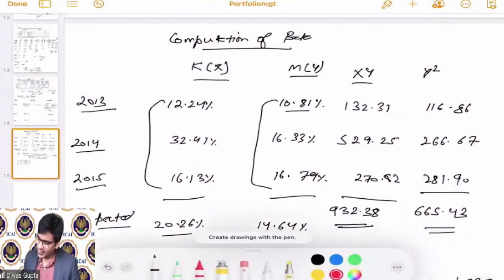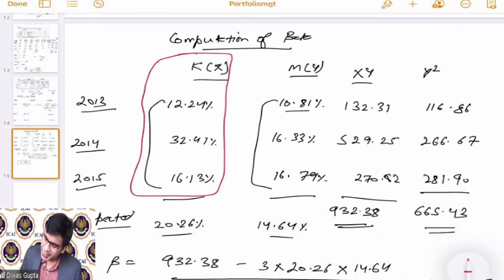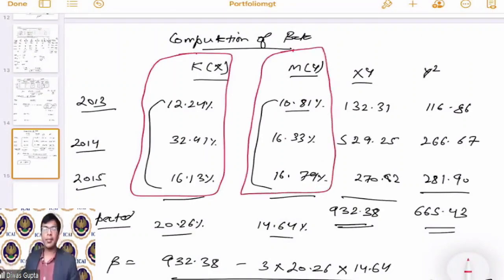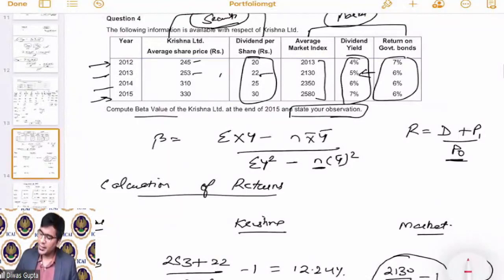So let me highlight it through a different color. This is the return of security and this is the return of market, correct? That we have calculated. And we were also given the return on government bonds, which is the risk-free rate of return. And they have asked us what is your observation?